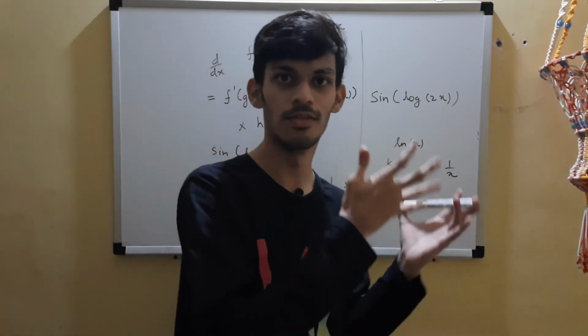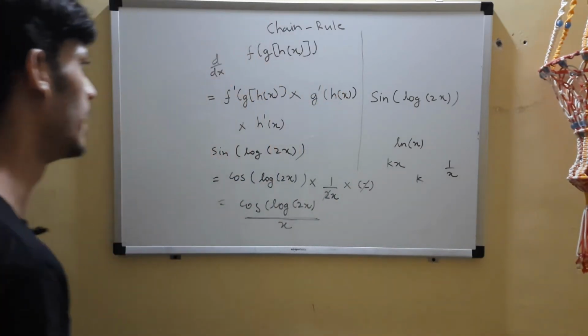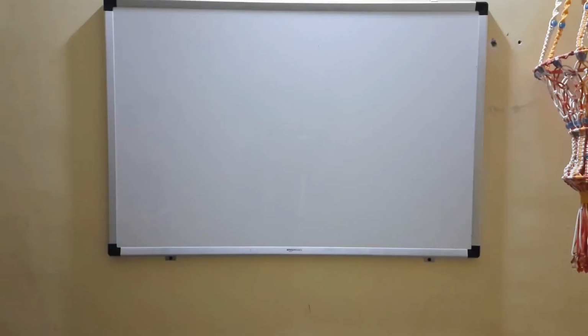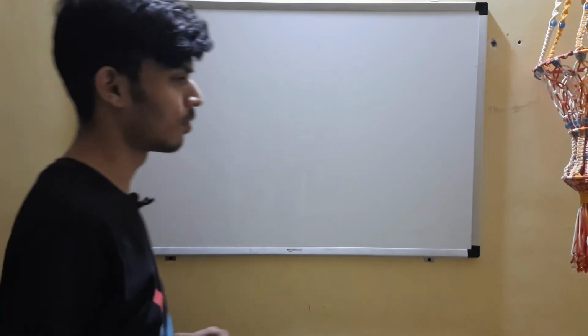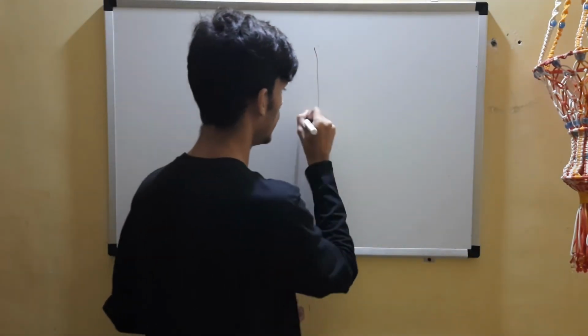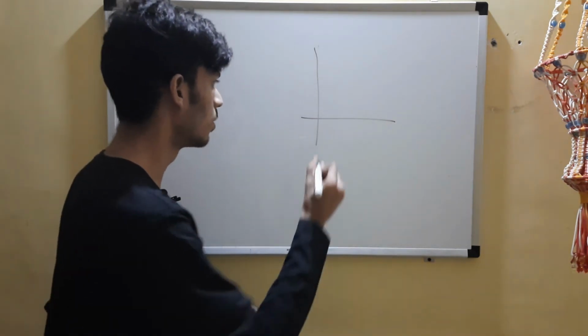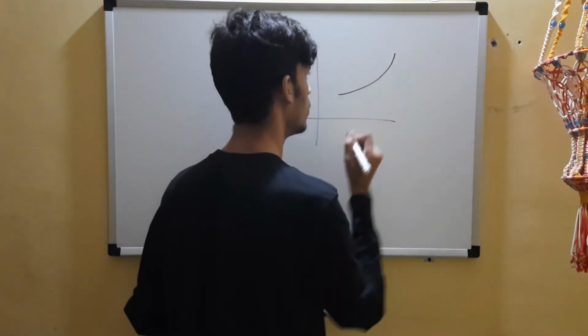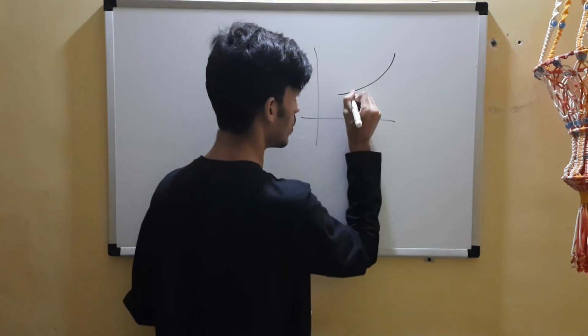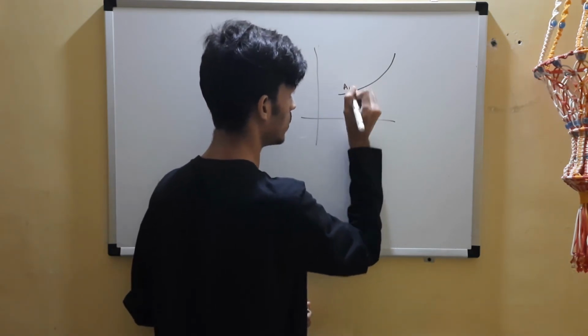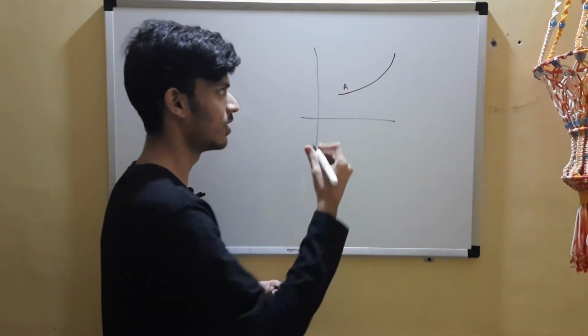So function within function, you also got the idea. Only one thing we missed out was the graphical feel, which is also not that important, but we'll look into it. You have a graph like this. Suppose we choose 2 points because we want to find the difference.